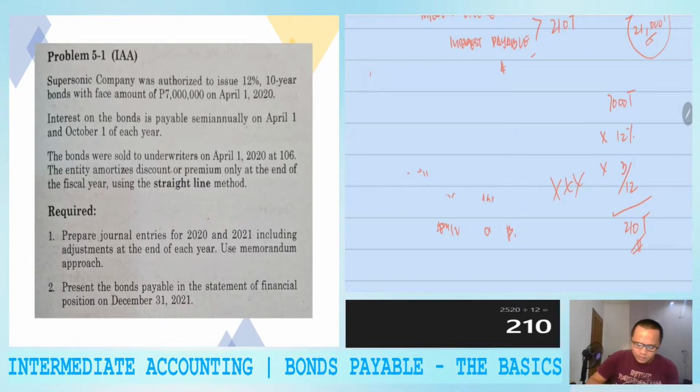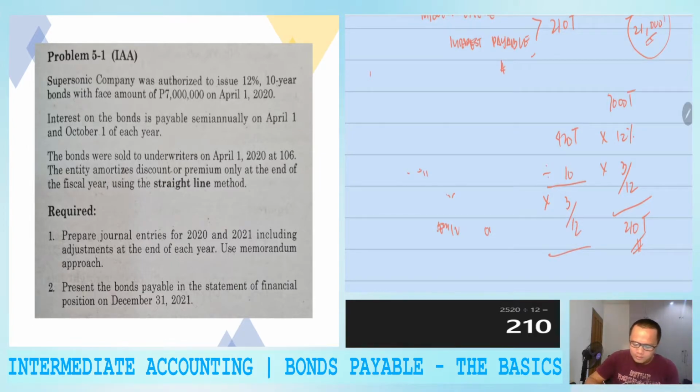Which in this case, it is only 3 months. We have 420,000 divided by 10 times 3 divided by 12.